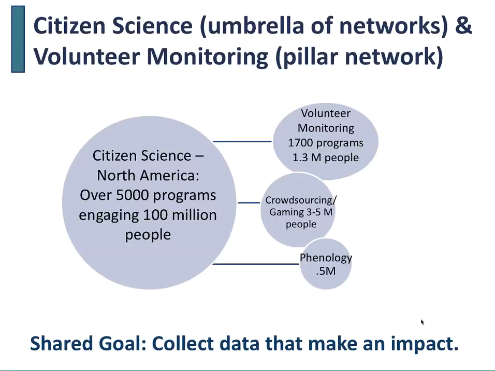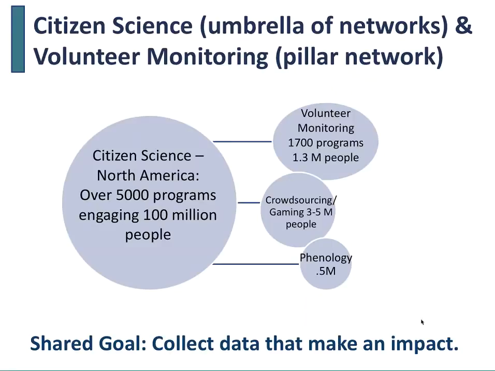As a whole, citizen science is a fantastically booming network of community-based science taking place all around the world. Some of the stats that I have heard for North America are that there are over 5,000 programs engaging 100 million people. When you look at the field of citizen science, you can view it as an umbrella of networks, because citizen science programs can take very many different forms.